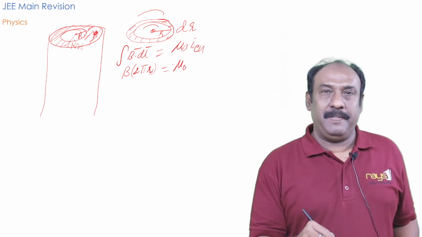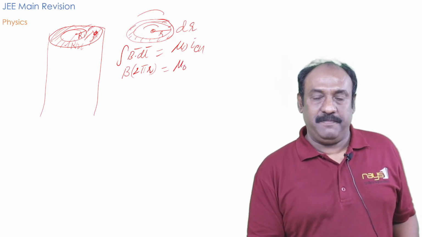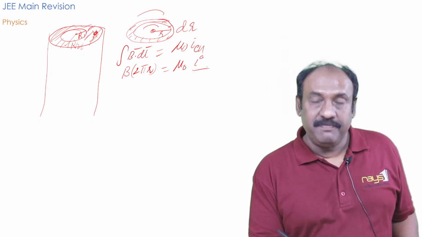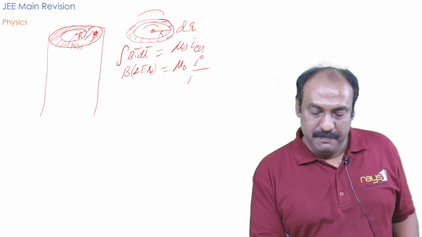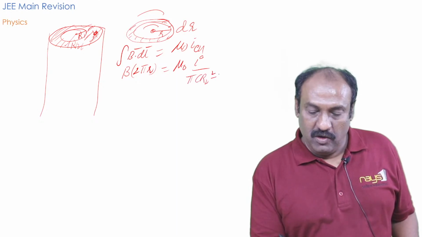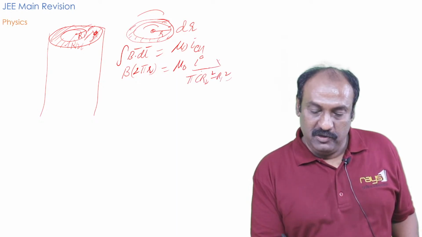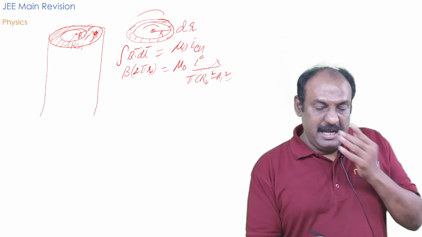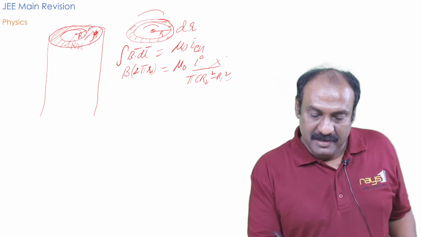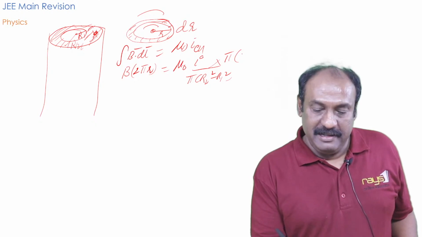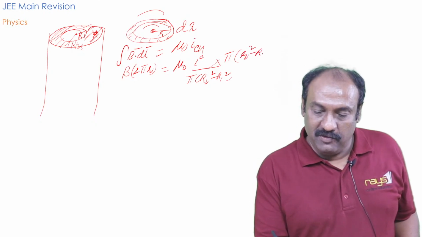Current per unit cross section is I by pi into R2 square minus R1 square, into the area of cross section of this elemental strip, that is pi into r square minus R1 square.